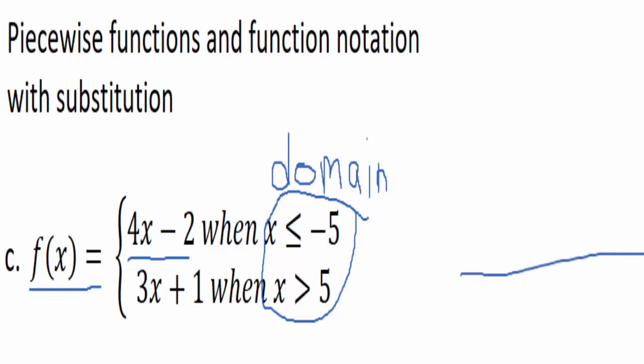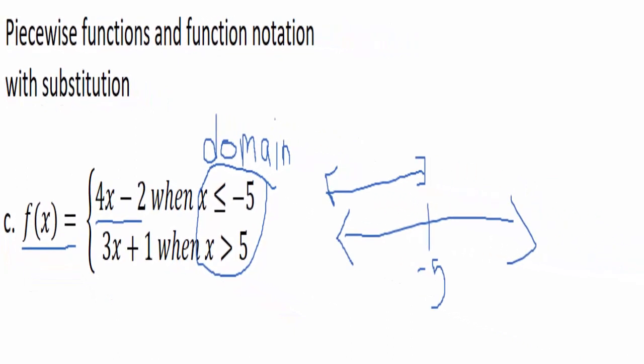So I'm looking at my x values. The top function is only when x is less than negative 5. A little typo there, so I fixed it.